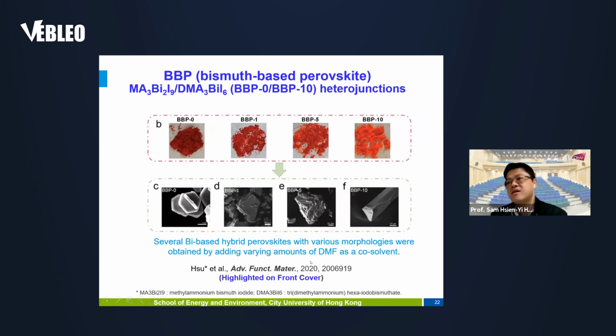In another project, we made this heterostructure of bismuth-based hybrid perovskites, including Ba3Bi2I9 and DMA3Bi2I9. These are two kinds of bismuth-based perovskite heterojunction.